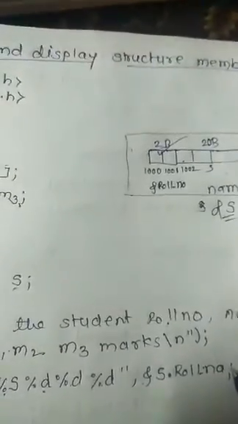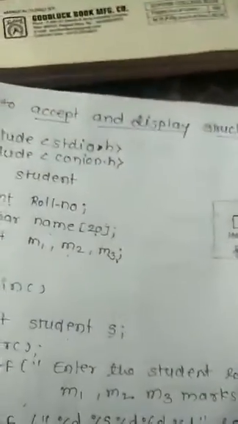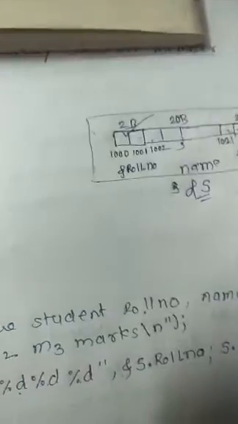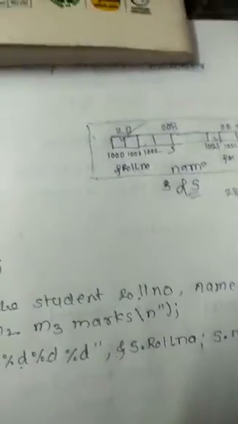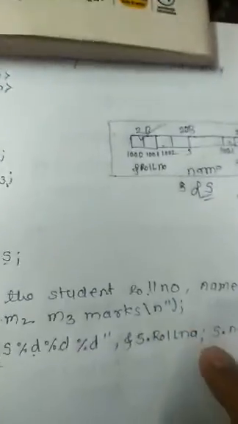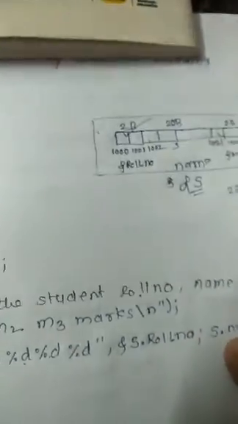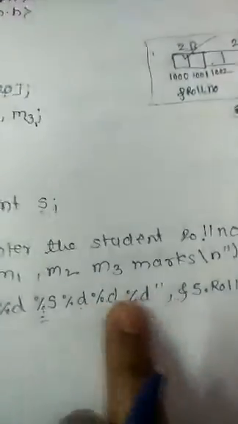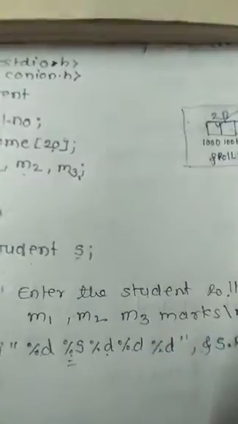Next comma, after the comma you want to store the string. Without giving the address location, you can directly write S dot name, because you have so many, 20, address locations inside this string, so there is no need to write a single address location. So you write only S dot name, comma, then %d for the M1, M2, M3 marks.